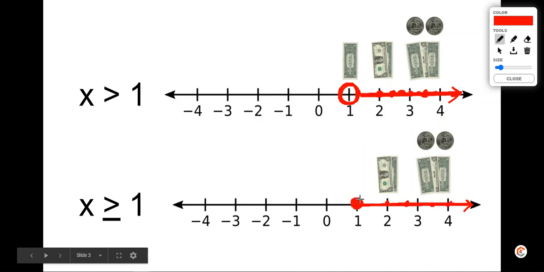So we fill it in to indicate that it can come up to and touch the 1. So less than or greater than, it can get close, but it can't actually equal that value. Greater than or equal to, less than or equal to, it comes up to and can equal that value. So we fill it in.